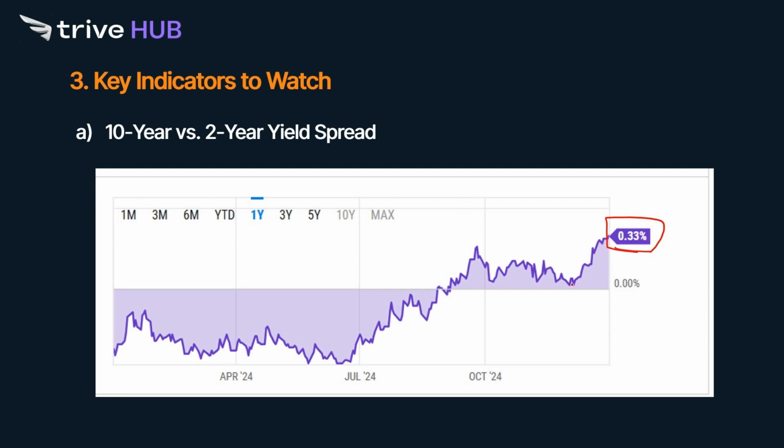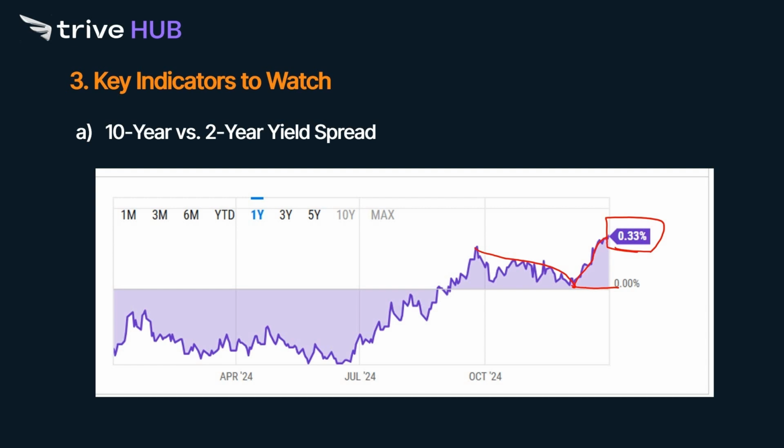As you can see, the spread was much lower earlier, but in the current market situation, it is widening. When the curve is narrowing, meaning it's falling, it will show you less growth or some kind of slowdown in the economy. But if it is rising and widening, then it shows that growth is on the way. The 10-year versus 2-year treasury yield spread is the difference between the 10-year treasury rate and the 2-year treasury rate.